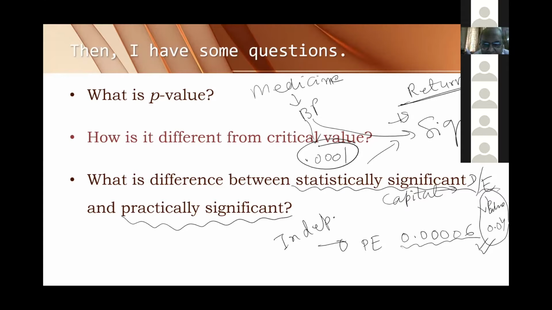You must understand your variables and your theory. Then you can say whether it is of practical significance or not. In my example, the debt equity ratio is a ratio, and P ratio is also a ratio. Both are ratios. So as a researcher, you have to take a call. What is statistically significant may not be practically significant.